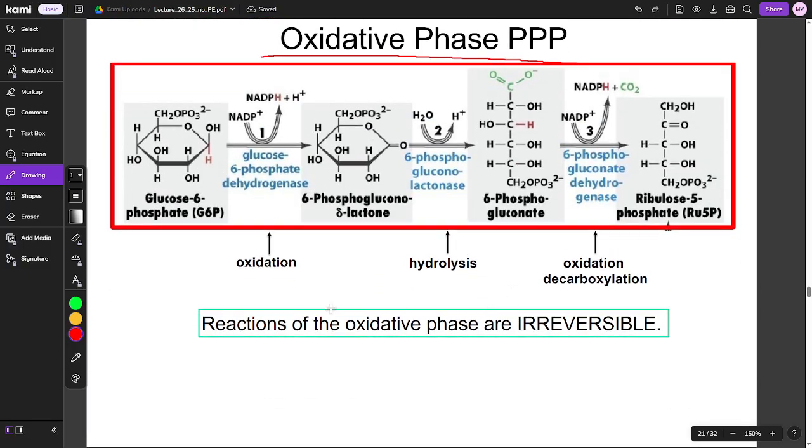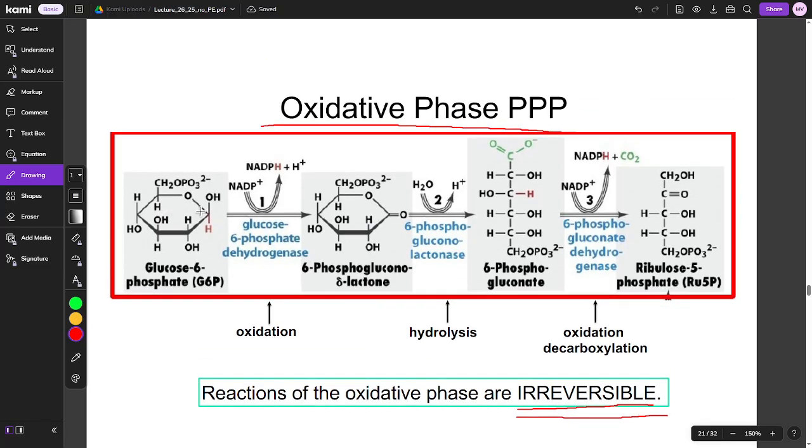So these reactions are irreversible. They do not go in the other direction. What we're doing is first taking this glucose 6-phosphate and oxidizing it. See this ketone here now? We've got a lactone, is what we call these. Lactones are these things that have these esters. These ring esters are lactones.